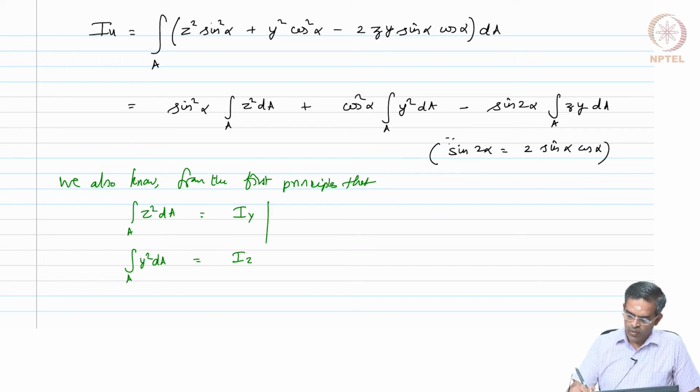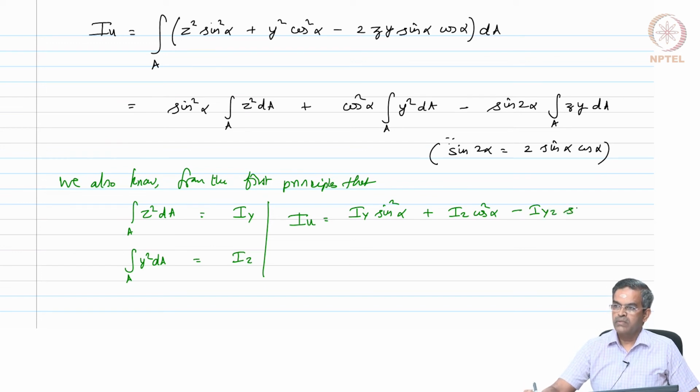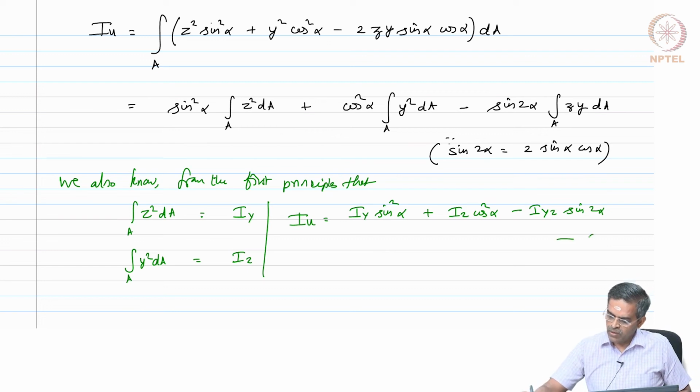When we know this, I can write Iu from our equation as Iy sin square alpha plus Iz cos square alpha minus Iyz sin 2 alpha. Okay. We will call this equation number 2.